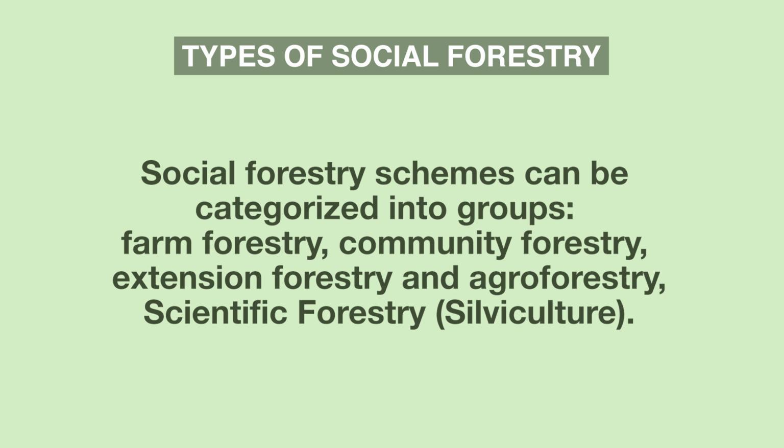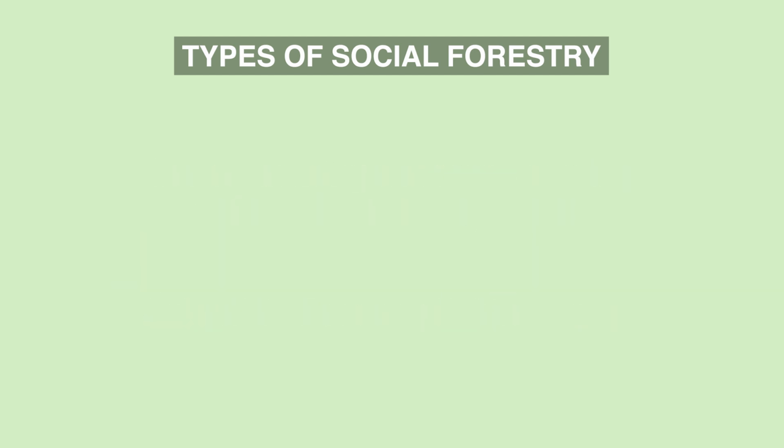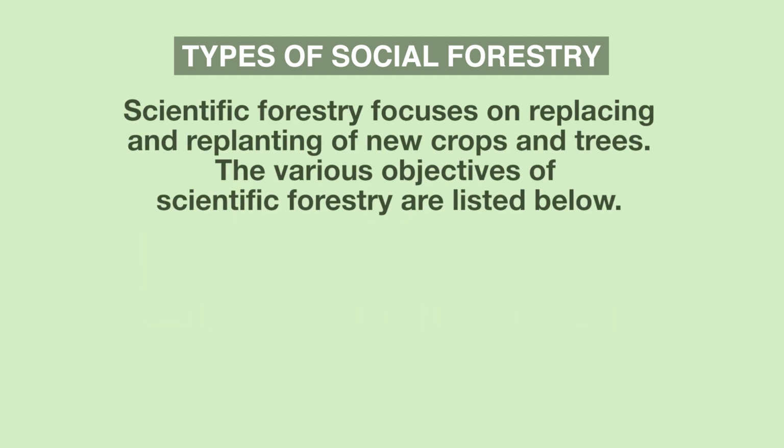As we learned all the missions that are related to social forestry, it's time to learn about the different types of social forestry. So, social forestry schemes can be categorized into groups like farm forestry, community forestry, extension forestry, and agroforestry. Even scientific forestry or silviculture. Scientific forestry focuses on replacing and replanting of new crops and trees.